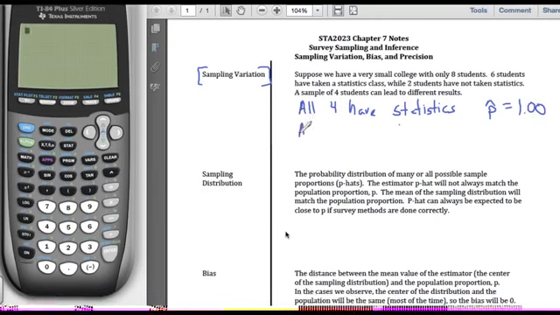I could take another sample, could randomly select 4 students where 3 have statistics and 1 doesn't. So 3 out of 4, P hat would be 0.75.